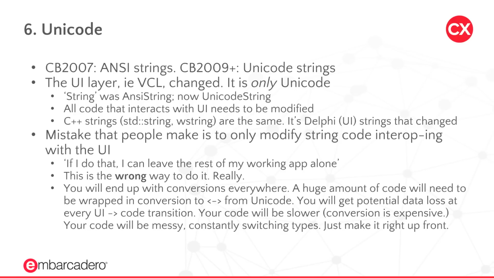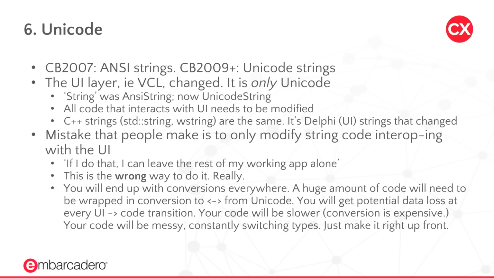So the UI layer, the VCL, changed. It is what is only Unicode. C++ strings such as std::string and wstring remain exactly the same. You can use wstring in an old version of C++ Builder if you wish. But it's the UI layer, the Delphi side, that changed. So Delphi string was ANSI string, and now it's Unicode string.